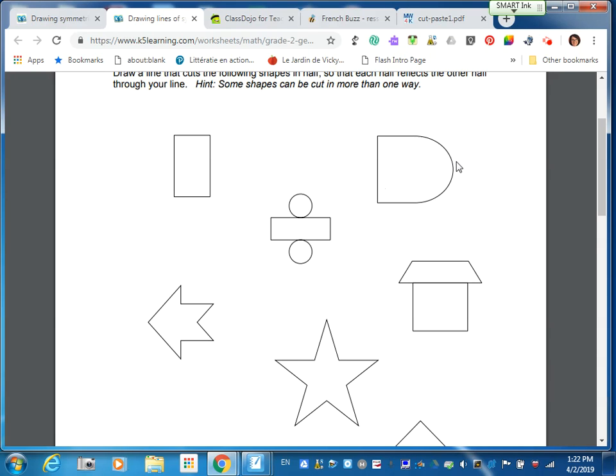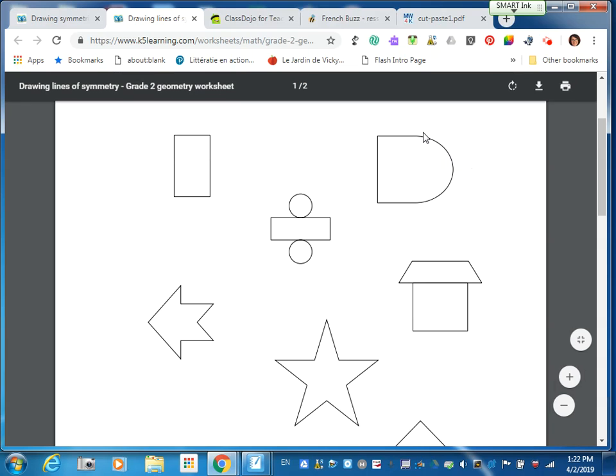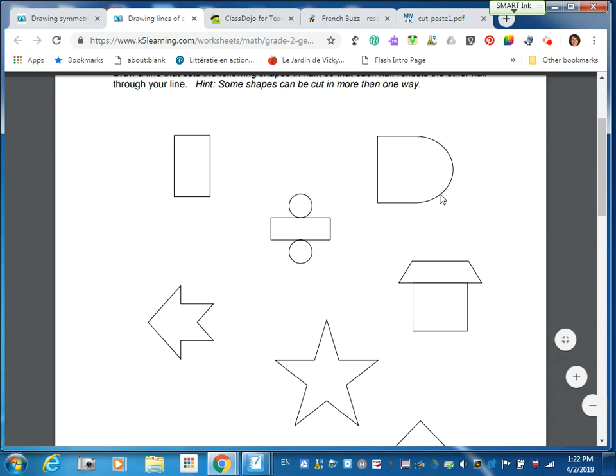There's only one symmetrical axis here, and that is horizontally, because if we folded the top down to the bottom, we would have lines and sides and curves that would match each other. We're getting there. For some students, this is their first time being exposed to the idea of symmetry.